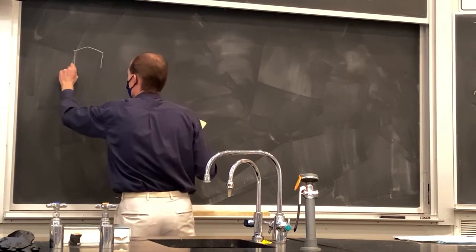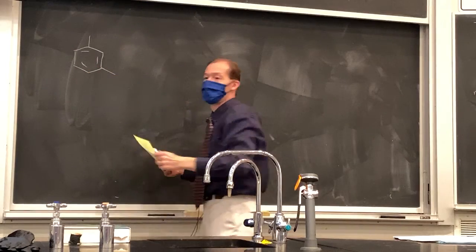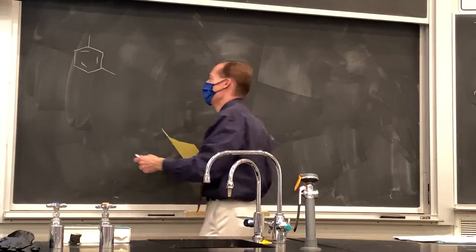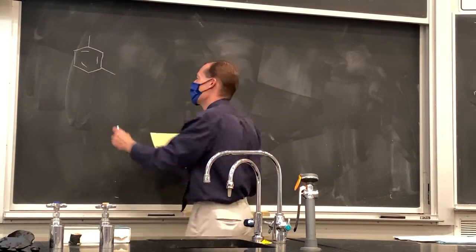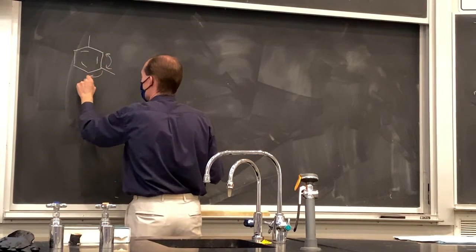Okay? So let's look at meta-methyltoluene. This has another special common name, but we'll just call it meta-methyltoluene. If we're going to perform electrophilic aromatic substitution on this compound, we have a lot of choices.